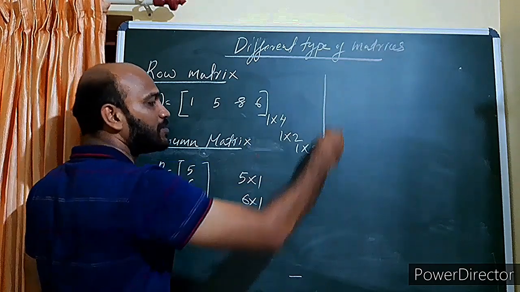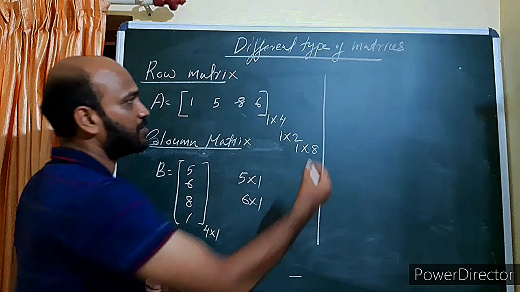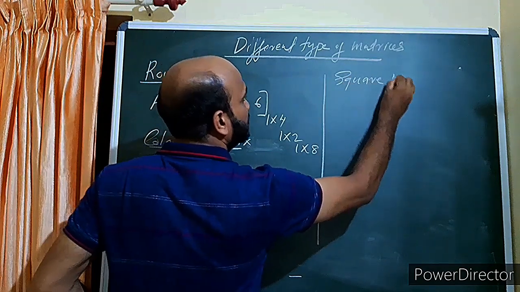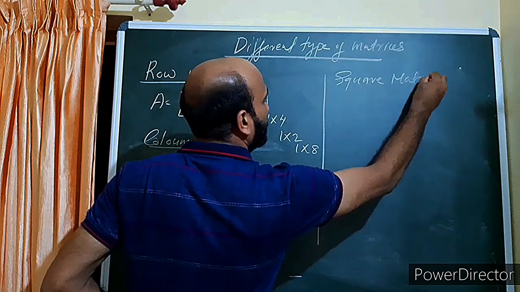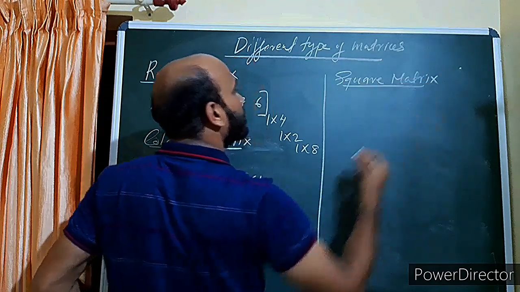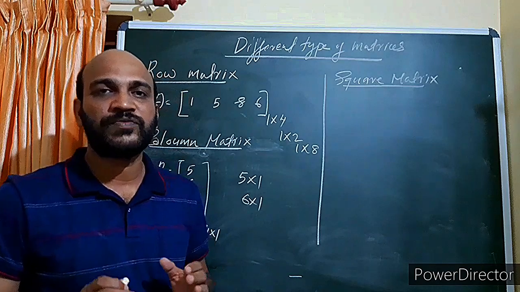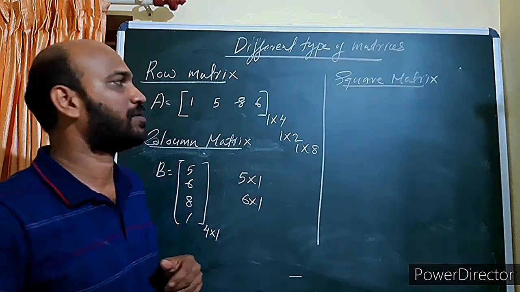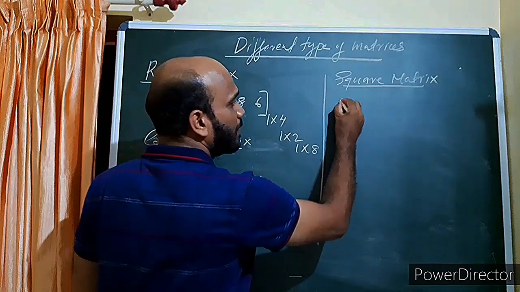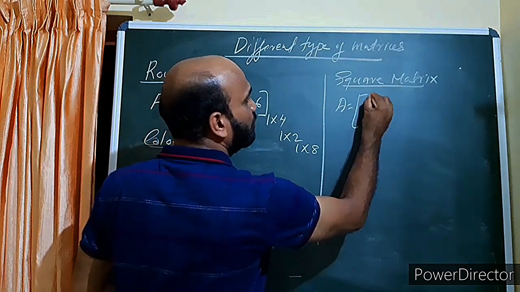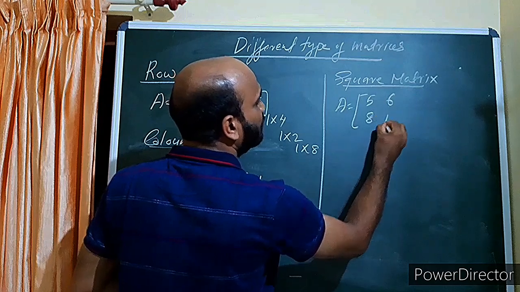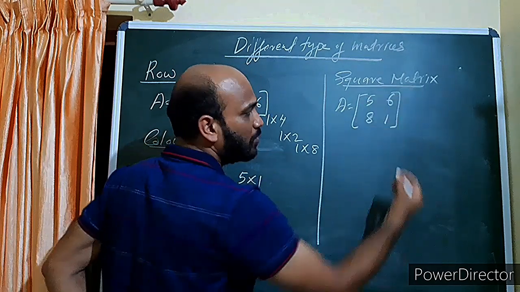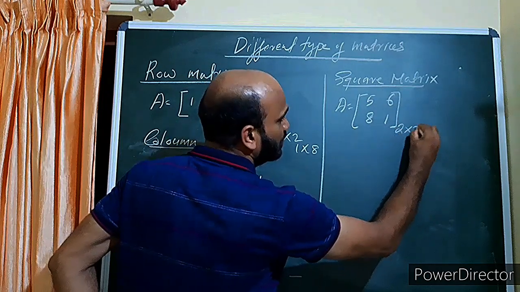Now the third one is the square matrix. A matrix with the same number of rows and columns is called a square matrix. For example, A equal to 5, 6, 8, 1. The number of rows is 2 and columns is 2, so the order of this matrix is 2 by 2.